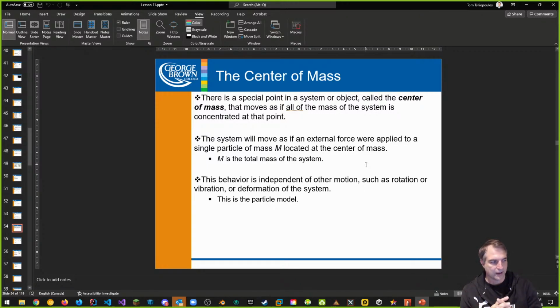We've been using the center of mass already because we've been trying to model a vehicle like a car or a ball or a cube or whatever as a particle. And that's why we've been able to do it, because we're looking at the center of its mass, as opposed to if the object was irregular in terms of how the mass was distributed.